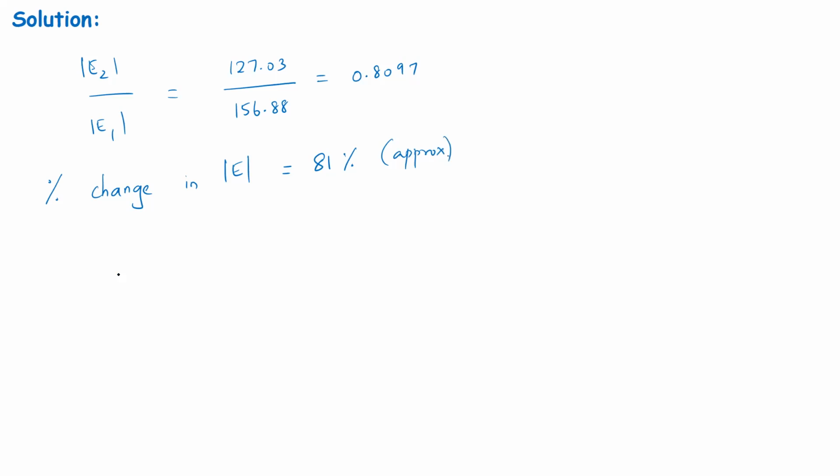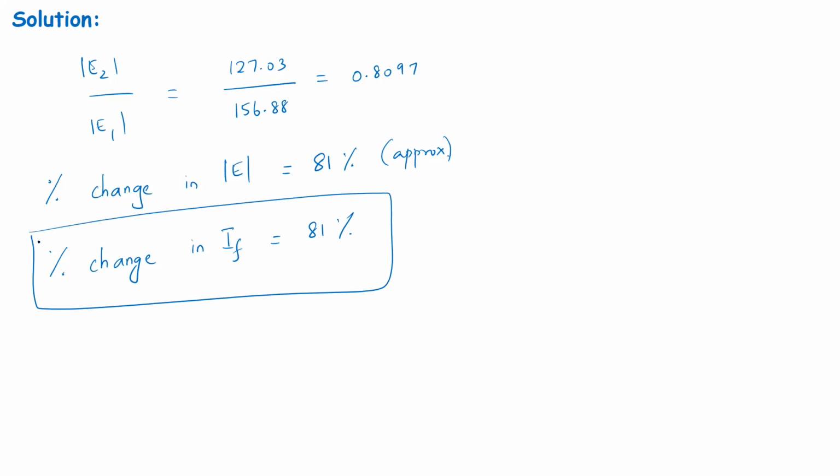Okay. And since percentage change in excitation EMF is nothing but percentage change in field current, IF is equal to 81%. Okay. So this is because we have made the assumption that the machine is operating on the linear part of the magnetization curve.